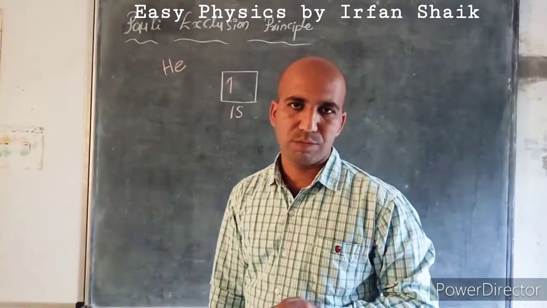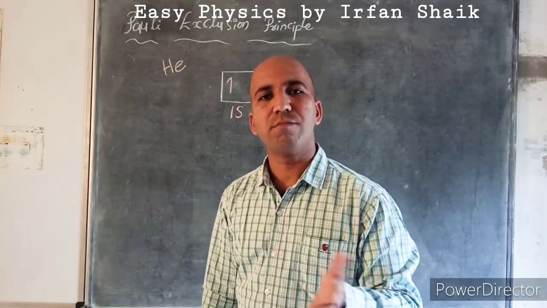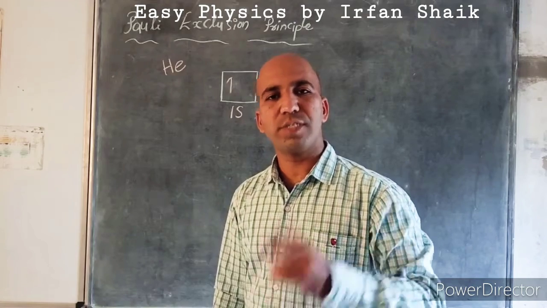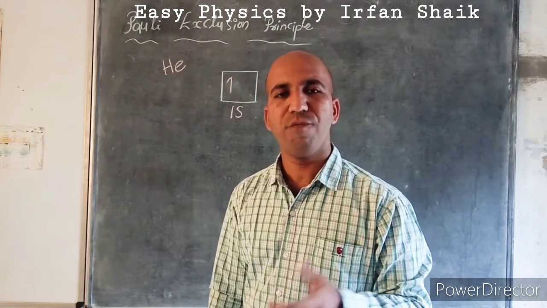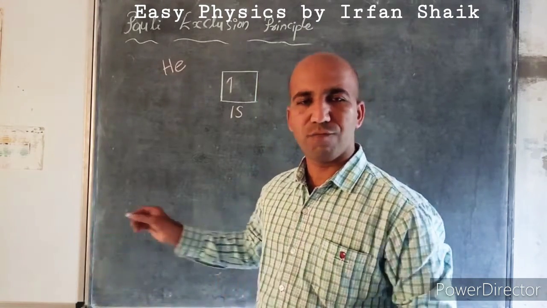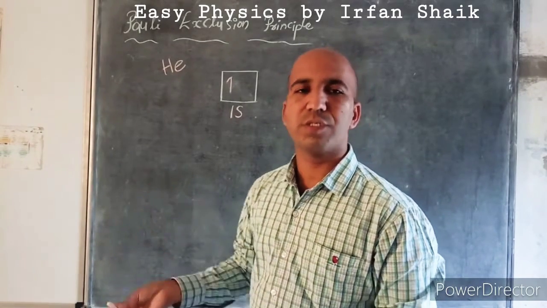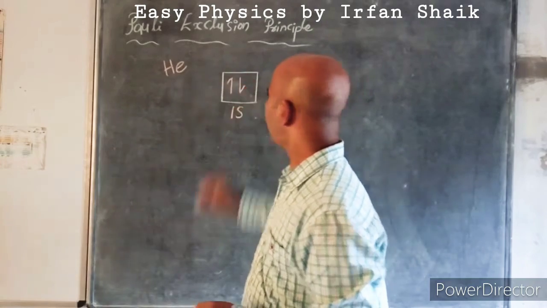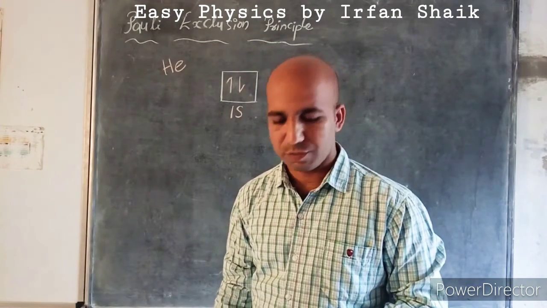The first electron we can take in the clockwise direction. The second electron will be in the opposite direction of the first electron, that means anti-clockwise.